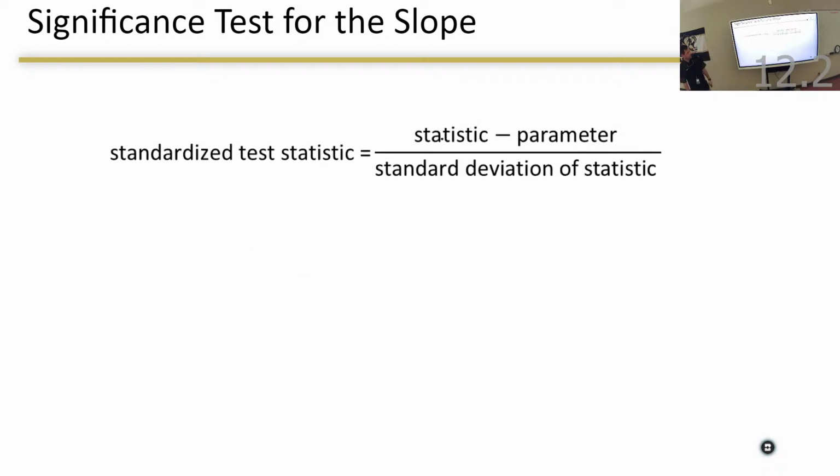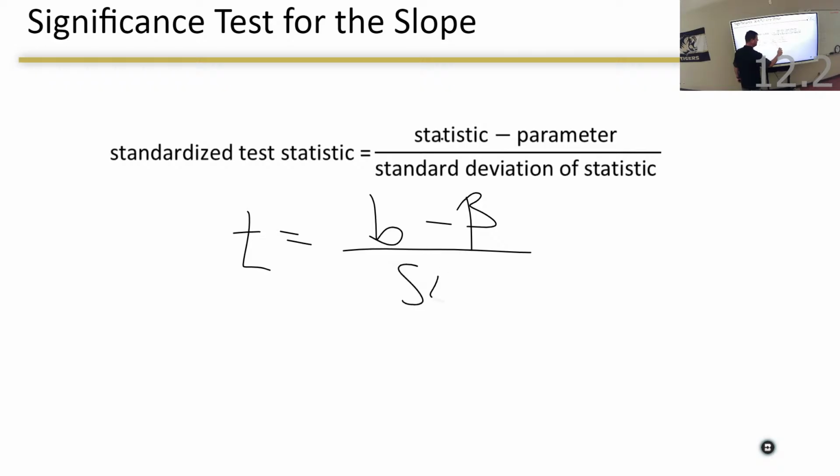We know this formula already. Same formula. The standardized test statistic is t. That is what's on the computerized printout. This t is what that t is. Your statistic is b. Your parameter is beta. And then the standard deviation is that same, sorry, that should be a lowercase.